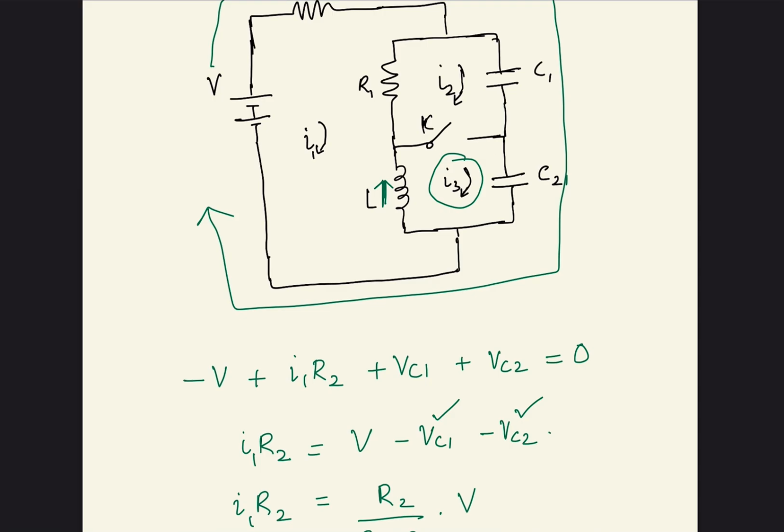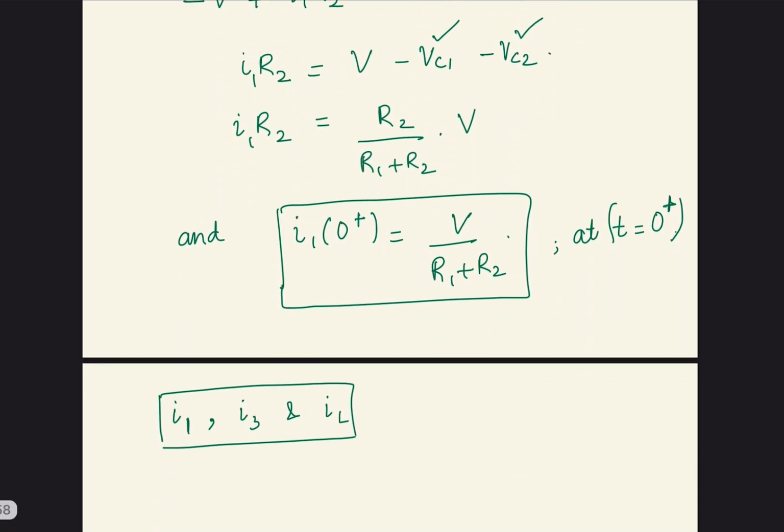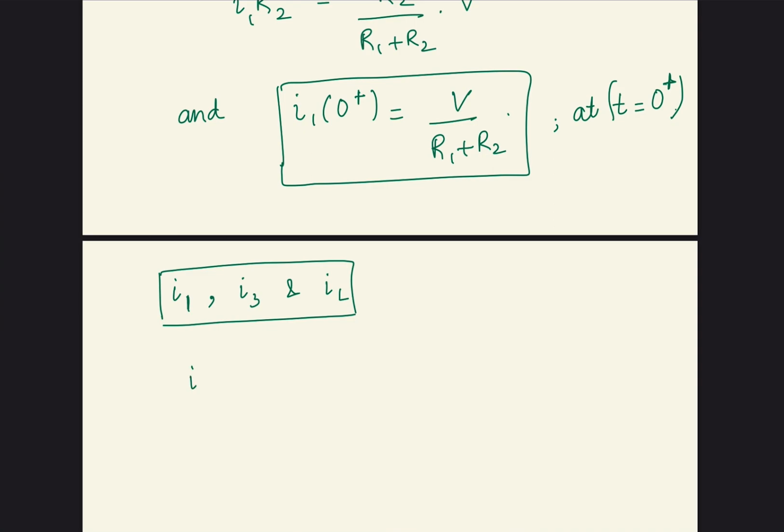So if you see this I1 at 0 plus, and if you take out this I3 at 0 plus from the I1 current, you will get this value IL at 0 plus.